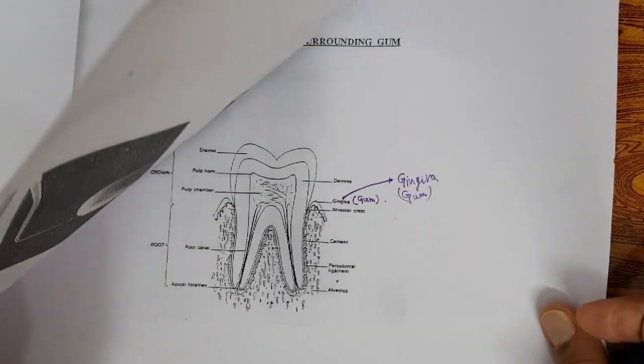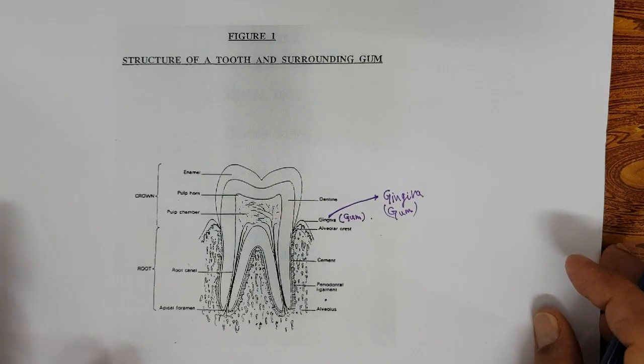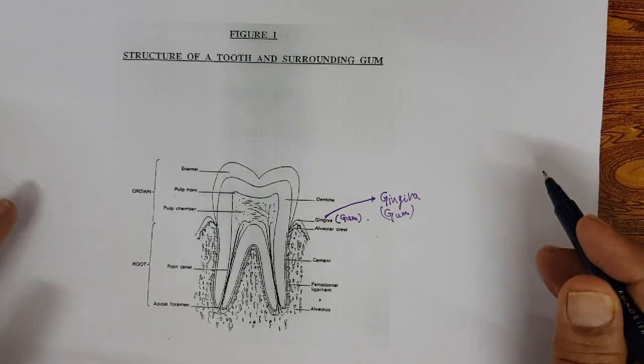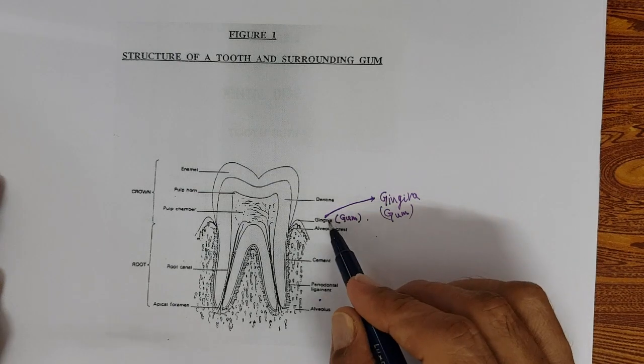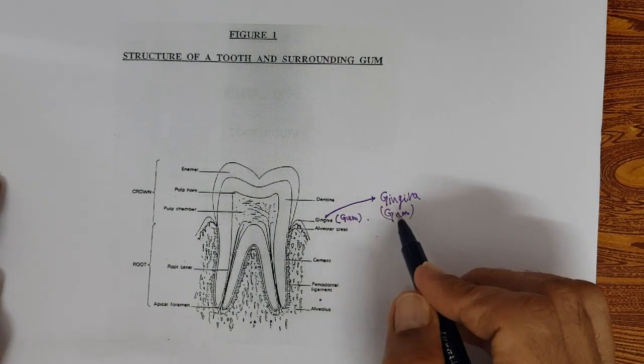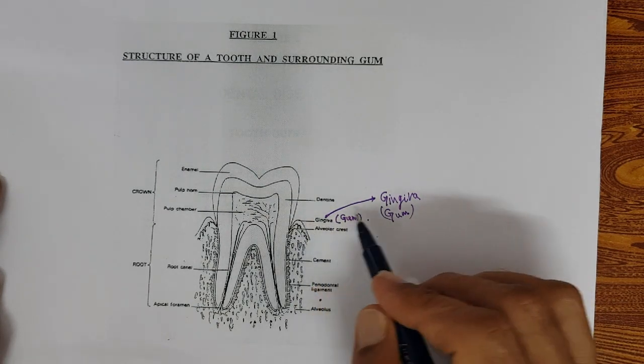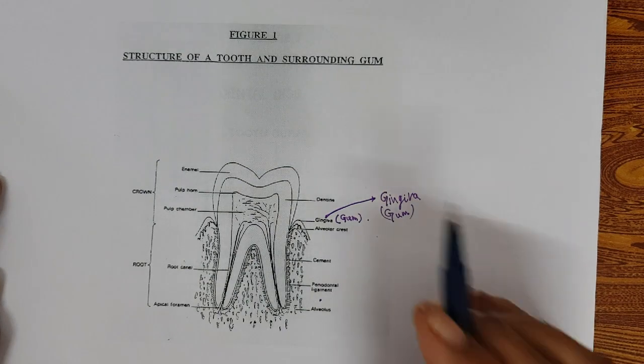So this is the structure of teeth. Whatever we say gum, technically it is called gingiva. Any infection to this gum is called gingivitis, right?